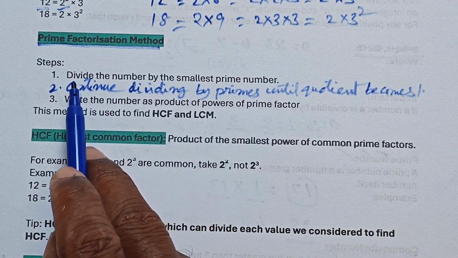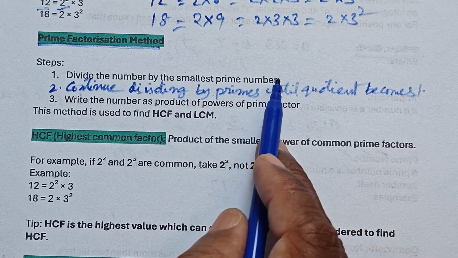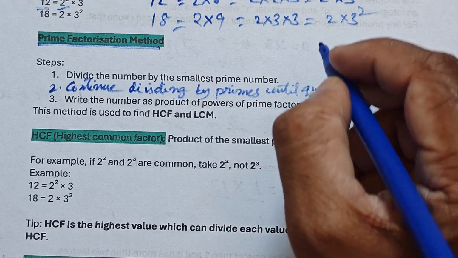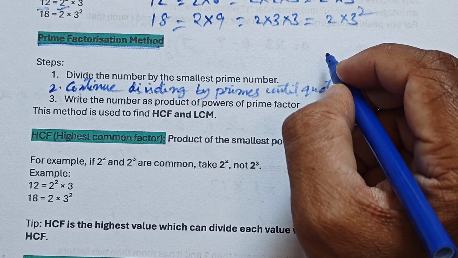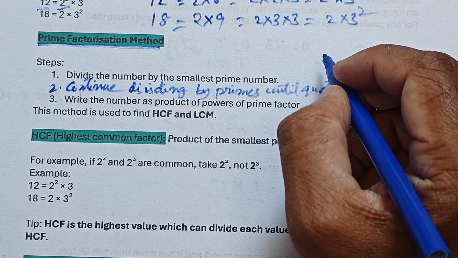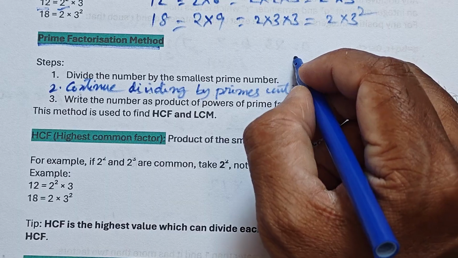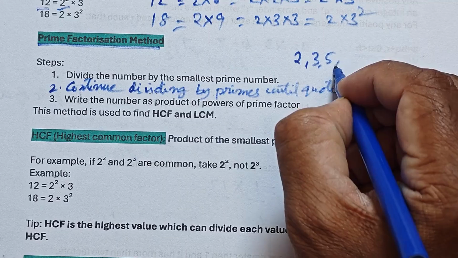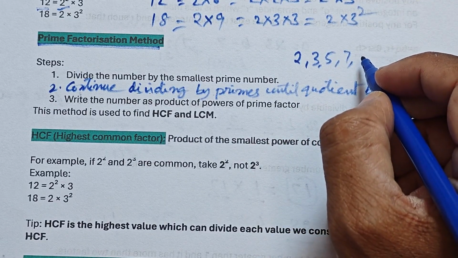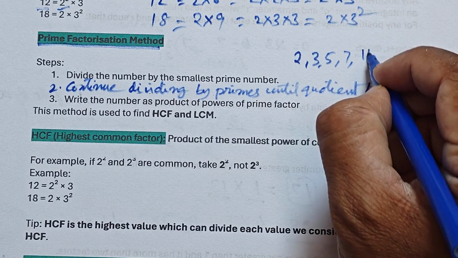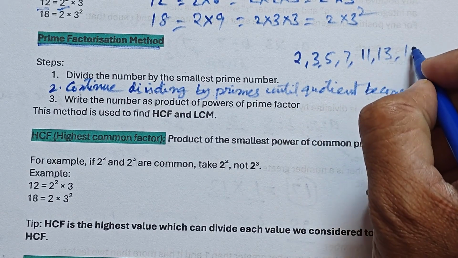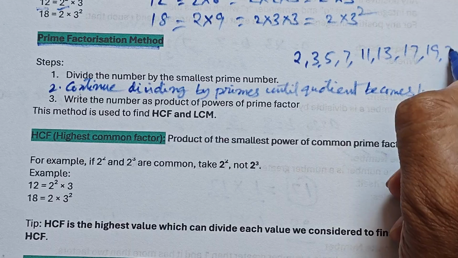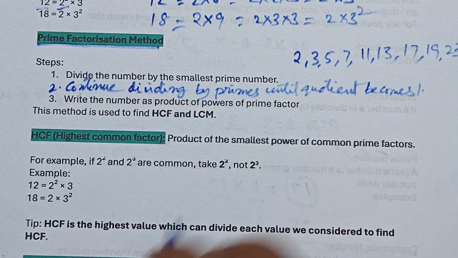So given a number, divide the number by the smallest prime number. We know the list of prime numbers has no limit. They start with 2 because 1 is not a prime. So 2, 3, 5, 7, what else? 9, no. 10, no. 11, 13, then 17, then 19, and so on. So these are the primes.